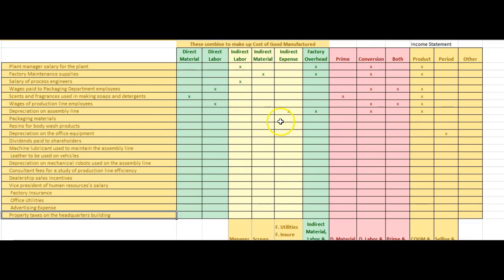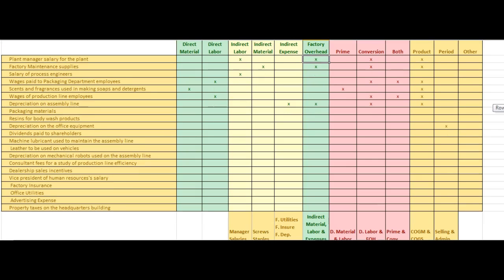So if you go down through here, let's just do a couple. The manager's salary. Well, he's not direct labor. He's not directly working with that product, but he's indirect, which makes him factory overhead. And factory overhead, if you put it into these categories, is in the conversion because conversion costs are direct labor and factory overhead.